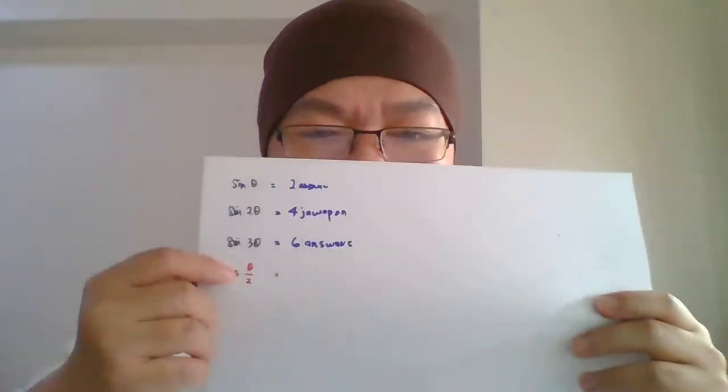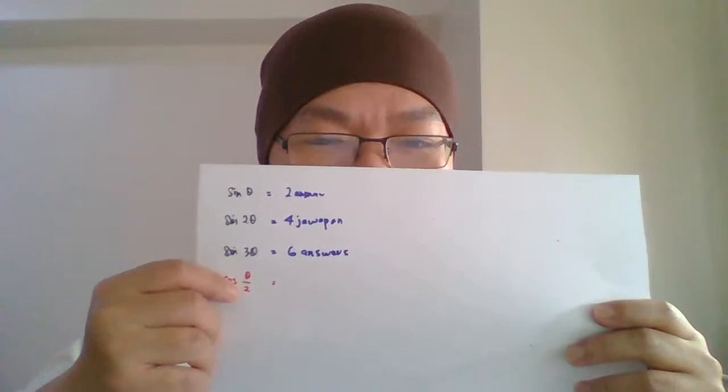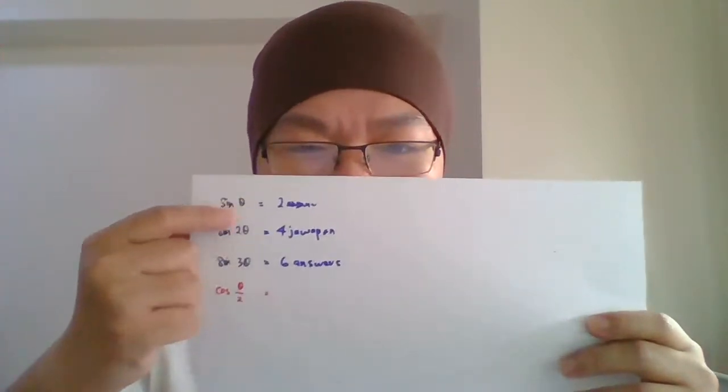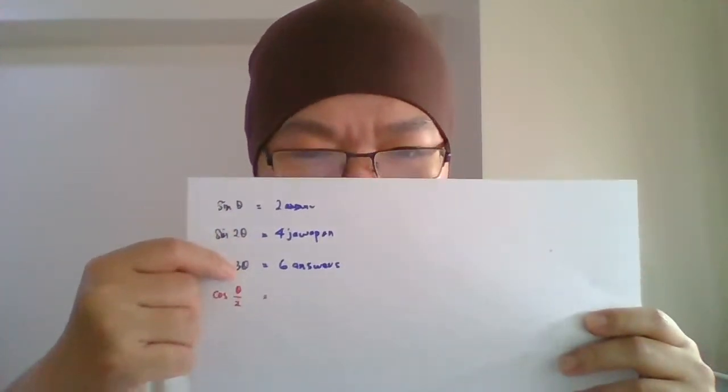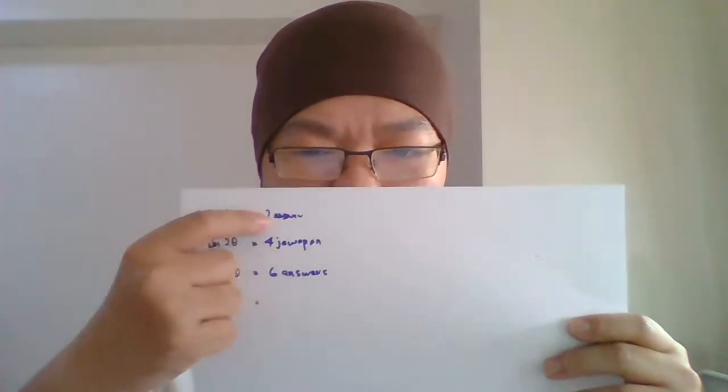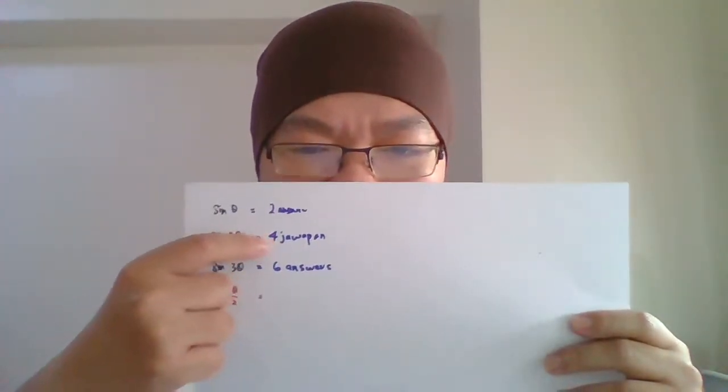Okay, now, one more thing. If I have cos, same thing, cos, but theta over 2. You see, this is theta, this is 2 theta, this is 3 theta. If theta will give us 2 answers, 2 theta will give us 4 answers.